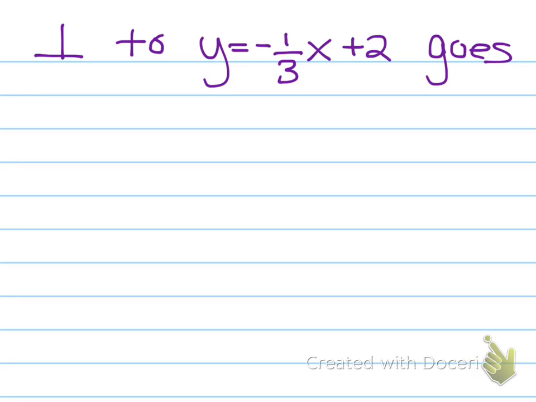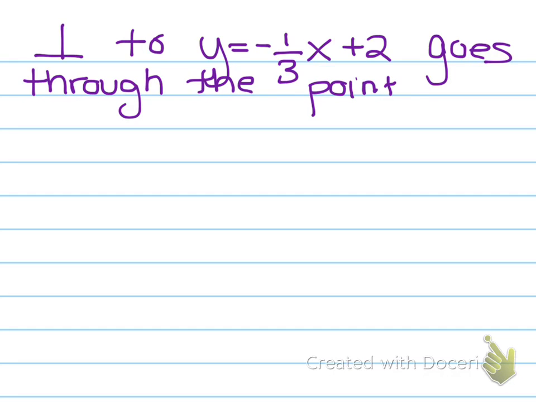Now if I ask you to find a line perpendicular to y equals -1/3x plus 2 that goes through the point -2, 2, for this one we have to do a little bit more work.